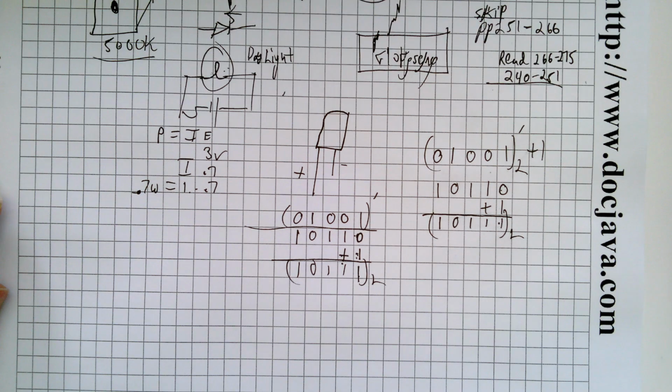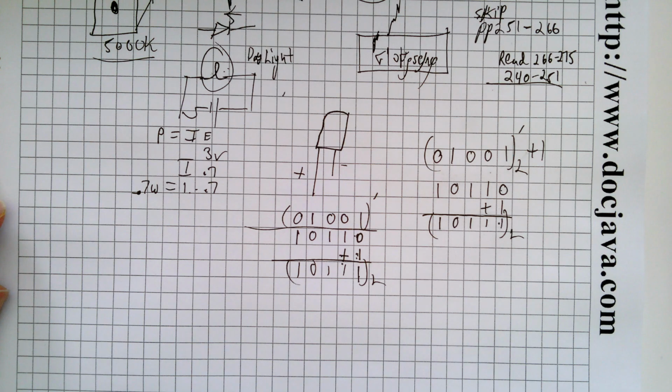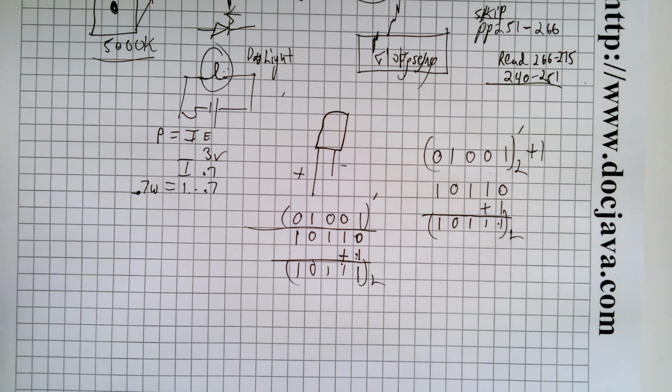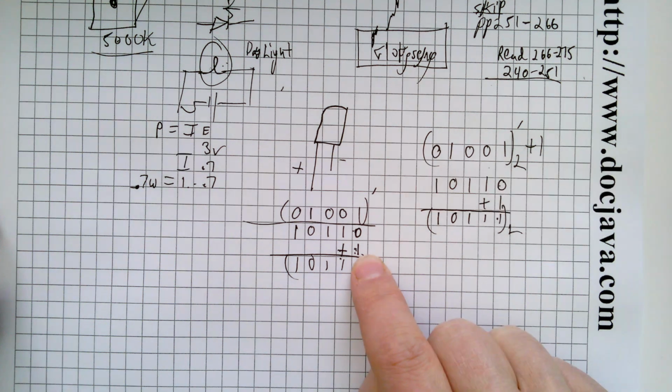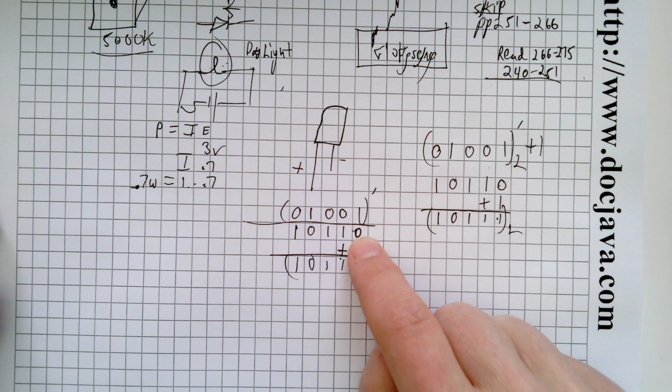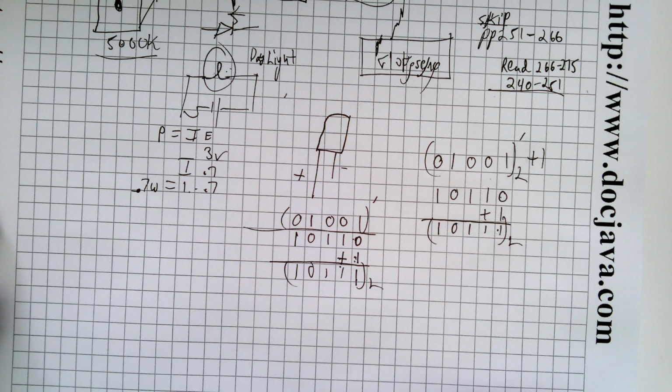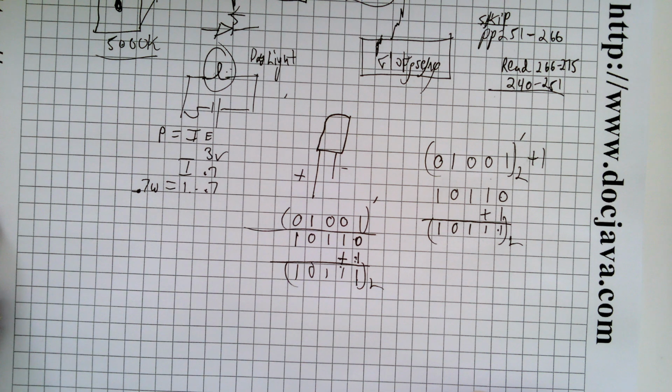Oh, sure. So what are the steps that we take in order to form the 2's complement of a negative binary number? And the answer is we complement and then we increment. So complement and increment. Well, increment means add 1.